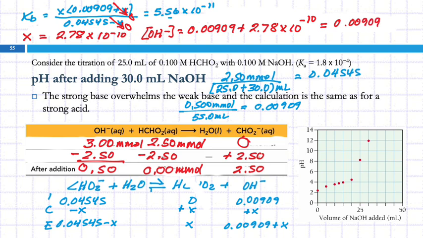So I want the negative log of that. So my pOH is going to be 2.041. My pH is 14 minus that. This is just a horrible mess.